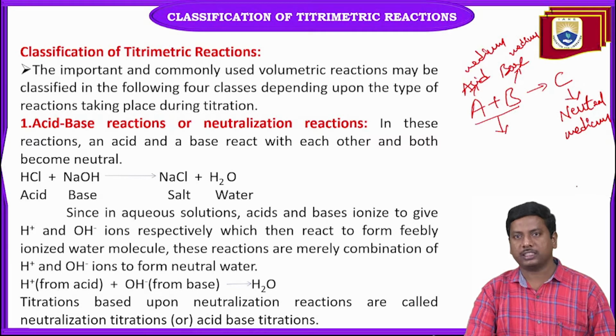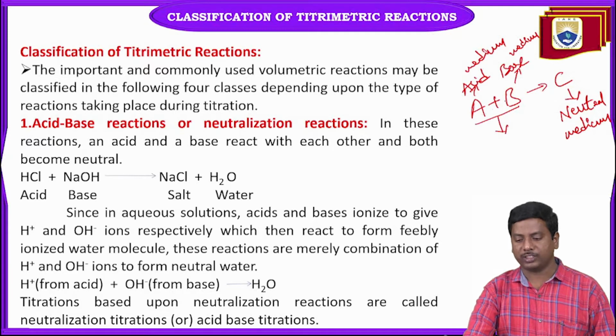In these reactions, an acid and a base react with each other and both become a neutral compound. In the chemical reaction, one acid reacts with another base to give a neutral compound. That is called a neutralization reaction.